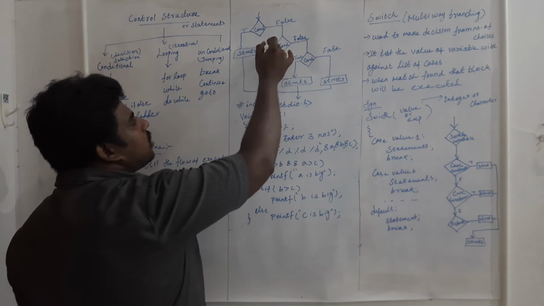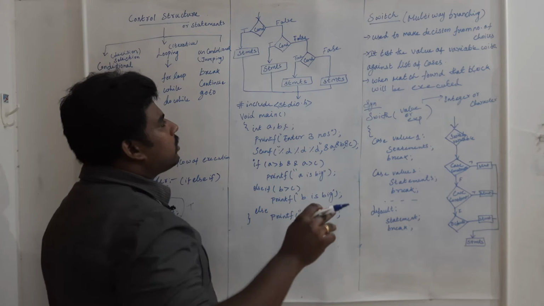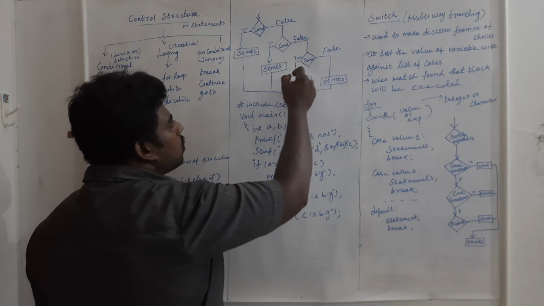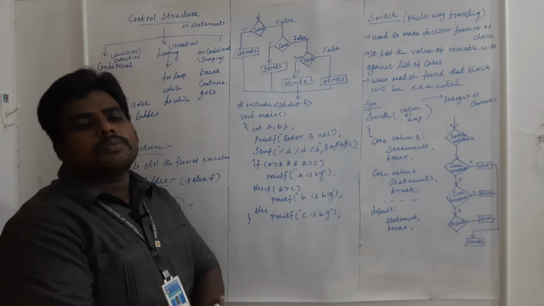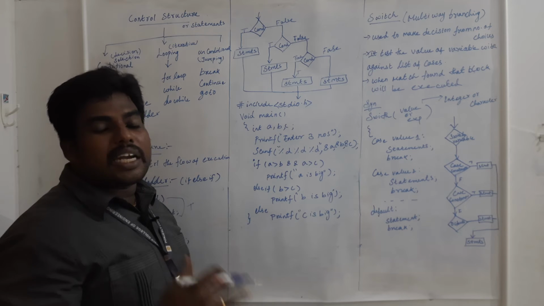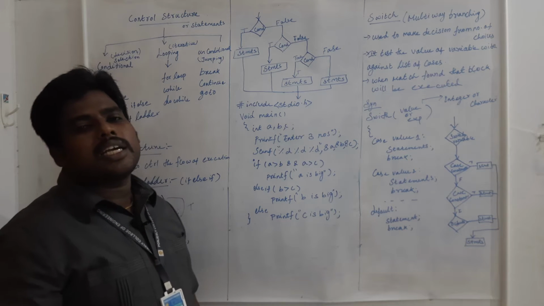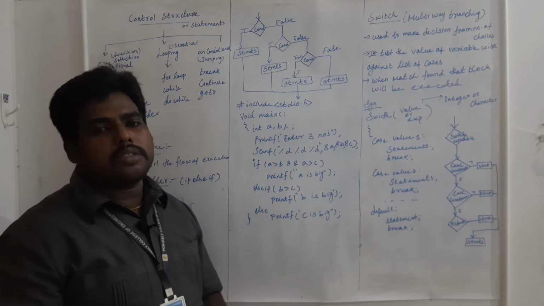If the second condition is true, this statement will be executed and the program ends there. Suppose this condition is true, this statement will be executed, and the if else if ladder ends. It will keep checking all the conditions again and again until a condition is true.